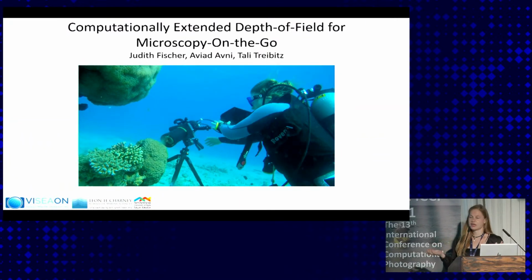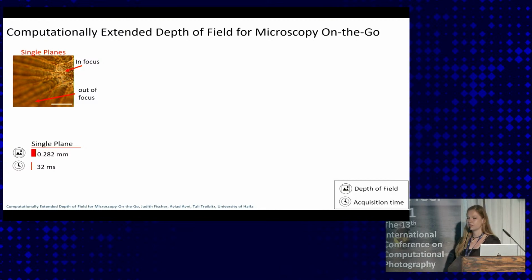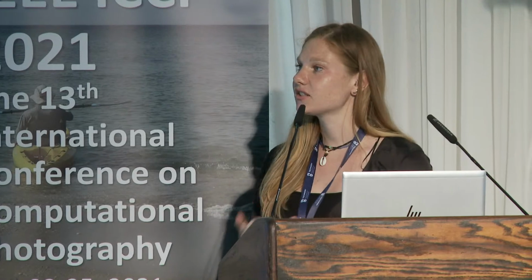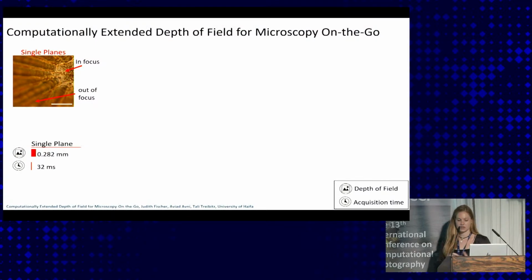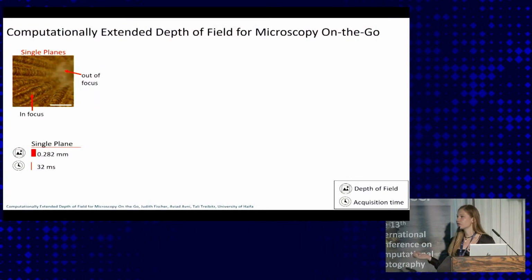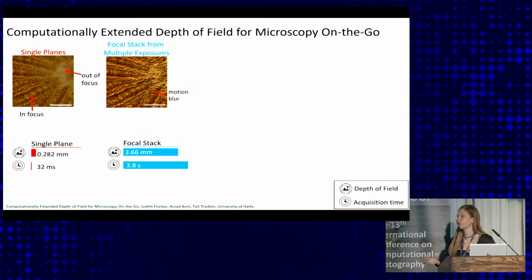In the beginning, I just want to give a very short overview of the talk, and then I'll go more into depth. So here you can see a microscopic image, and you can see that in a single plane, we don't have much information in focus. If I would change the focus plane, what we saw before in focus appears now out of focus. A method to overcome this problem and to extend the depth of field is focal stacking.